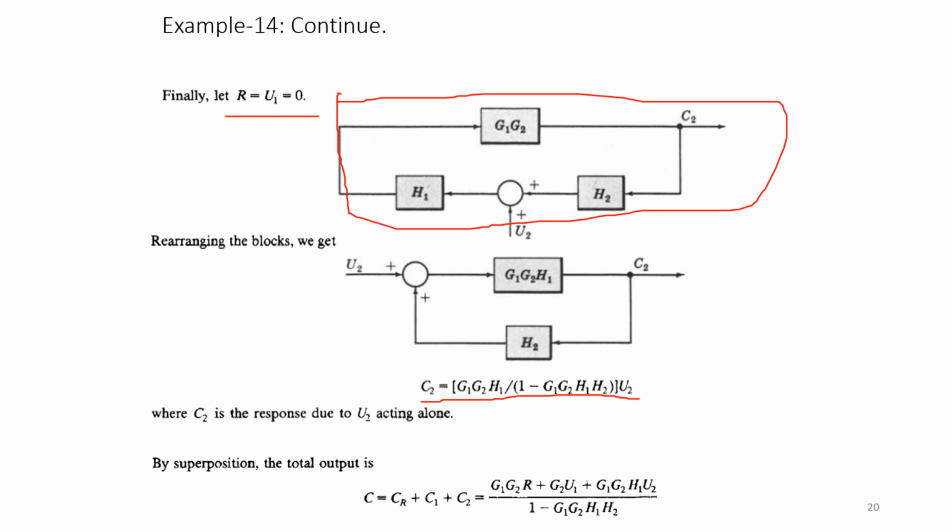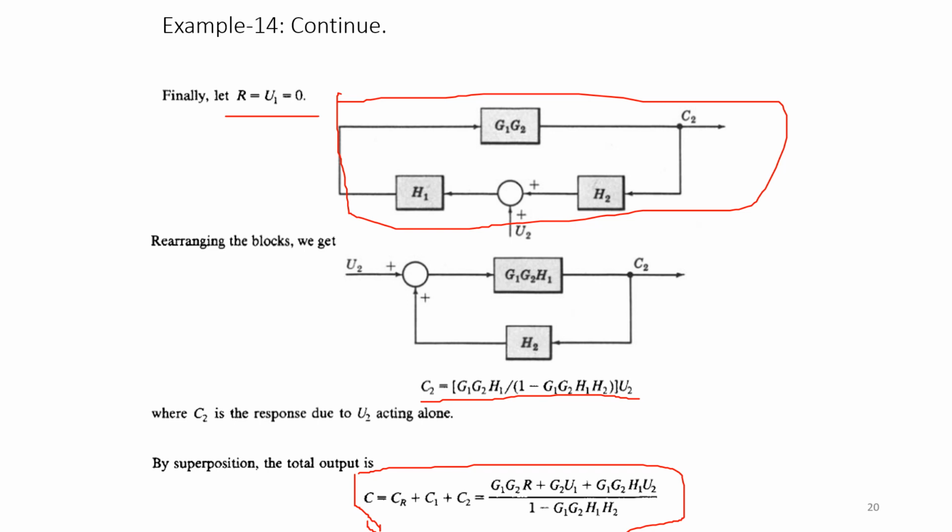Similarly, you can take a superposition of all the inputs together and add them. So by superposition of the total output, you can take your C as equal to the response due to the input R, the response due to the second input U1, and the response due to the other input C2.